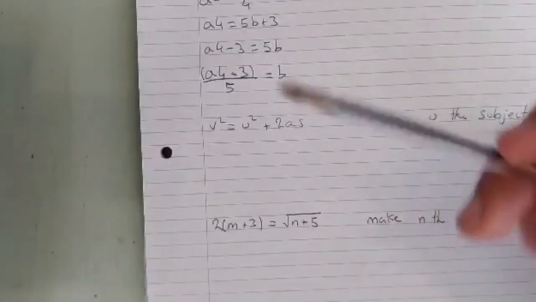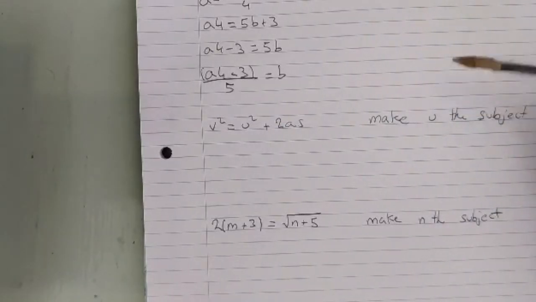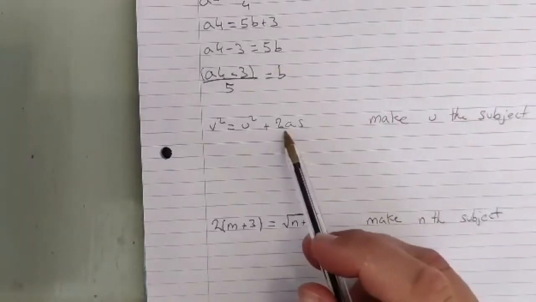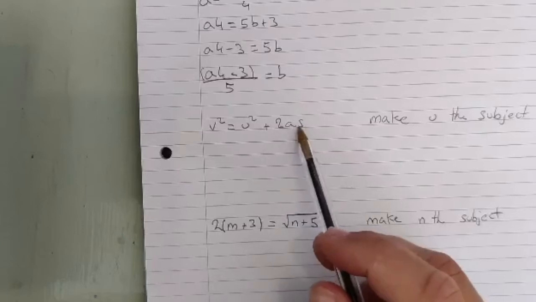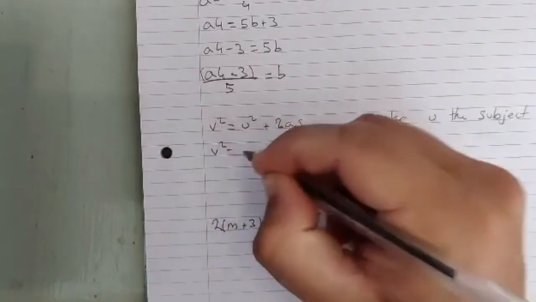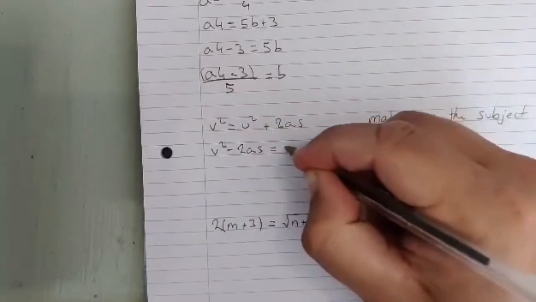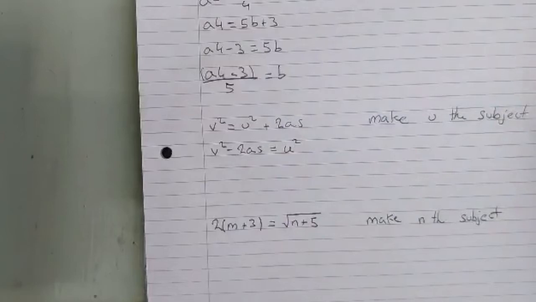This one's slightly more difficult because there's some squares involved, and this wants you to make u the subject of the formula. So I'll subtract 2as from both sides, and that equals u squared.